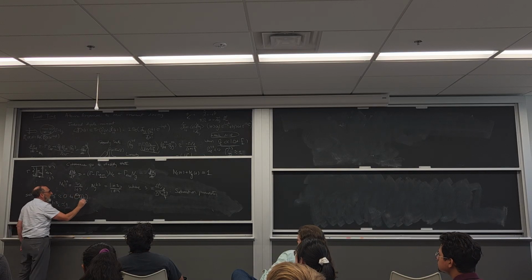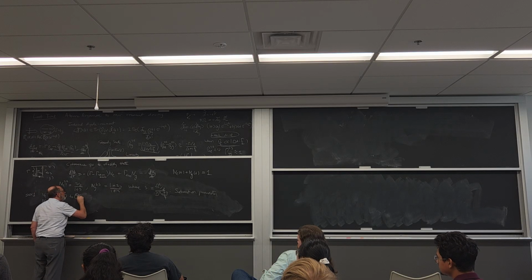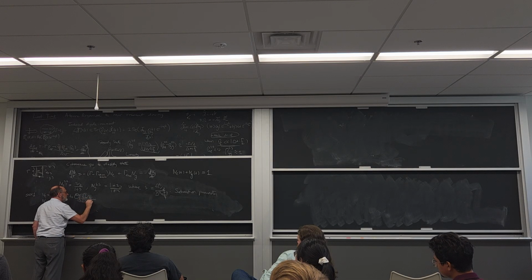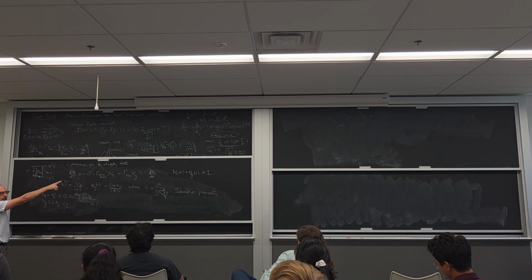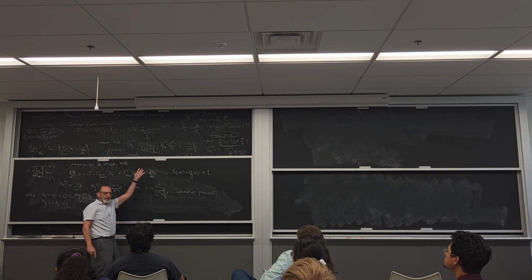So when I'm weakly driving, I'll put in the details here. So that's what was set up there, and that's where we get this from. So to first order in omega, we have a linear response.